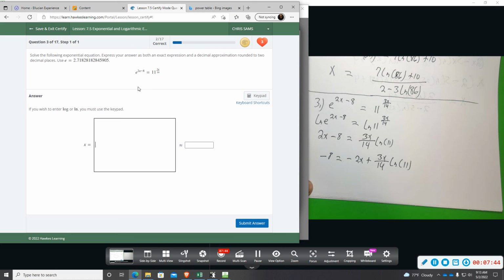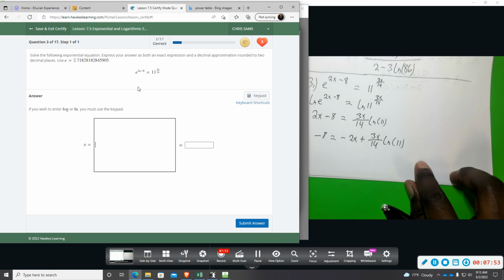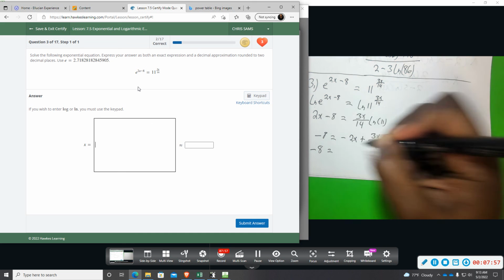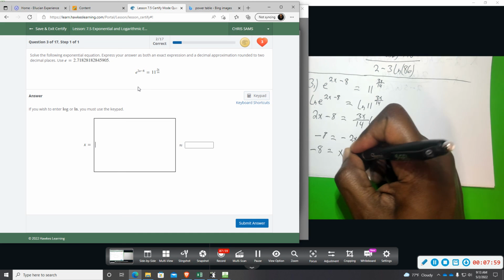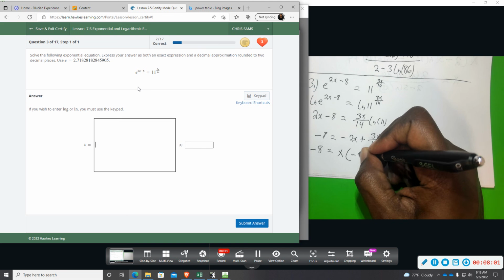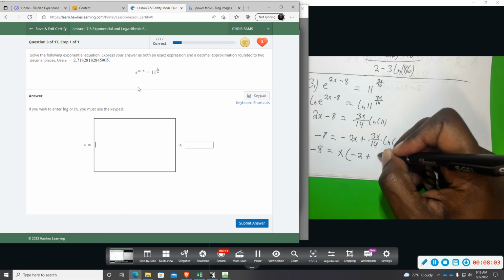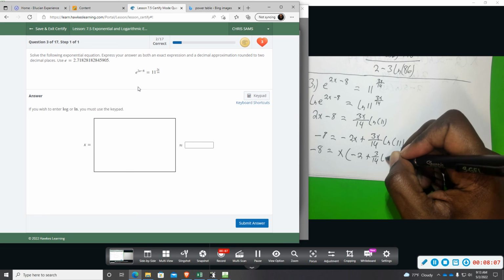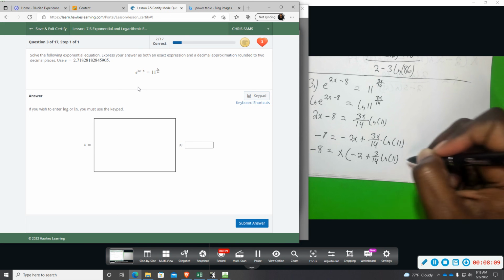So anytime you're trying to solve for x and you have two of them, you have to get them on the same side and factor it out. So again, I move that x over. I'm going to factor out an x from both of these terms. So over here I just have the negative 8, and then factor out an x. And then that will leave me with a negative 2 plus 3 over 14 ln of 11.